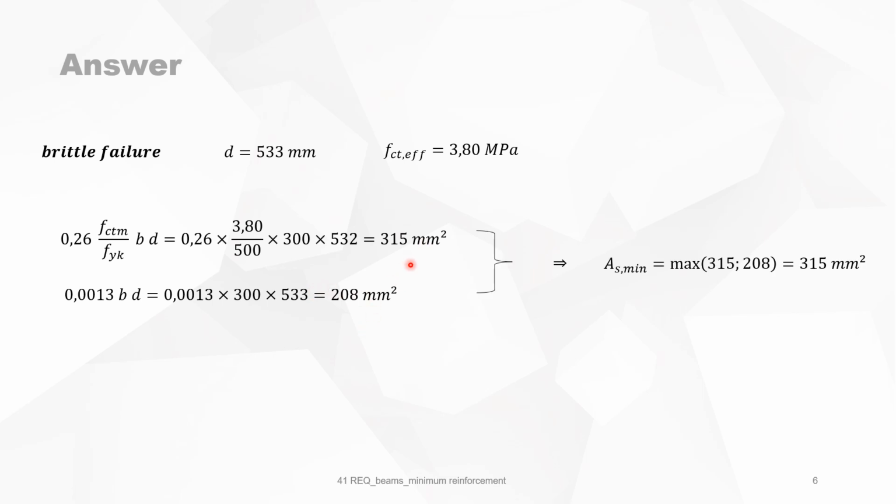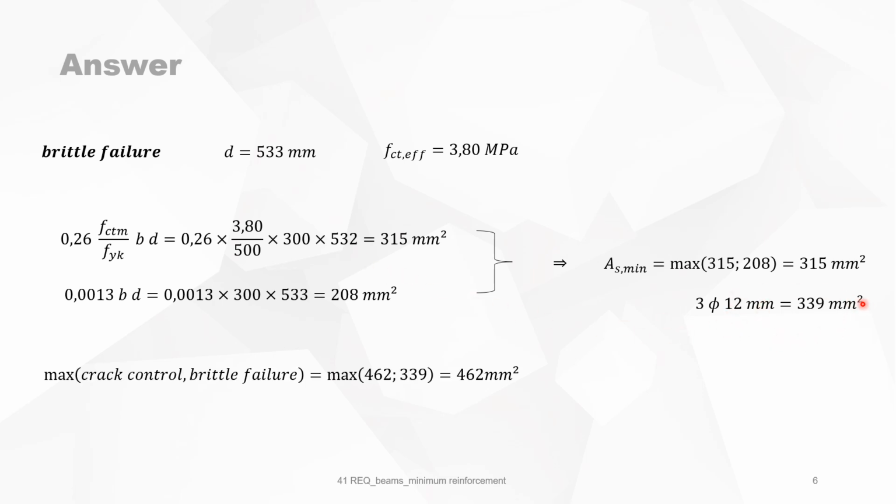So the maximum of the two gives you the minimum reinforcement for brittle failure, and it's 315 square millimeters, or 3 diameters 12. In principle, we should now change d, because d was calculated on basis of diameter 14. But this is only 1 millimeter difference, so we skip this.